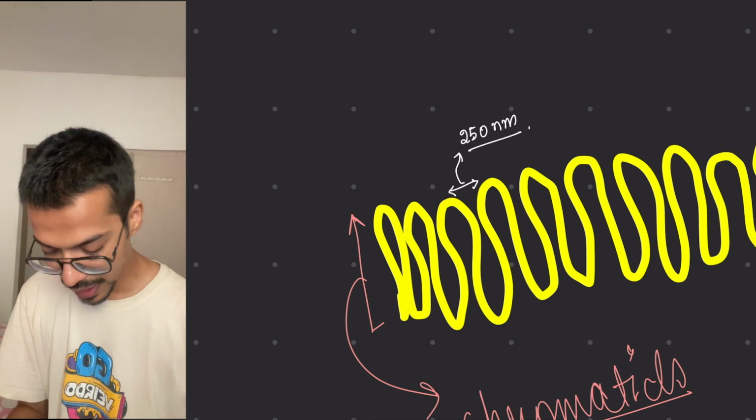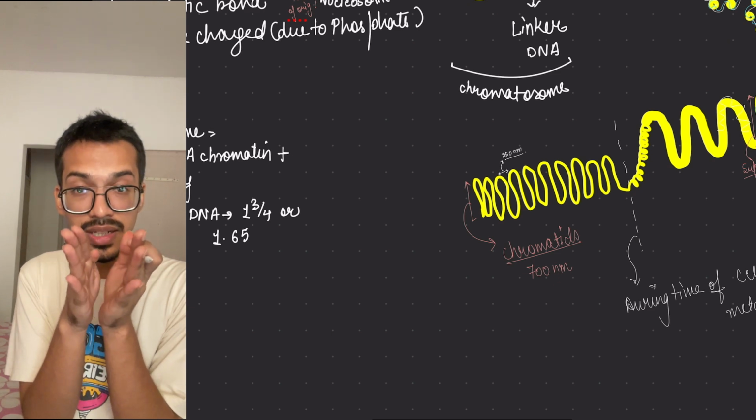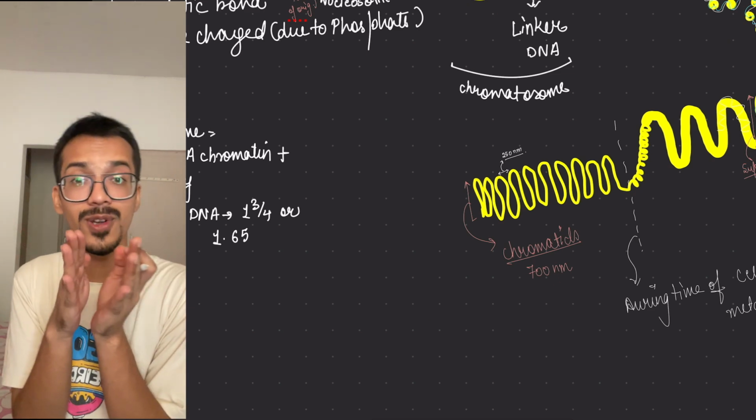Now, each of these 700 nanometer parts are the sister chromatids of the chromosome.